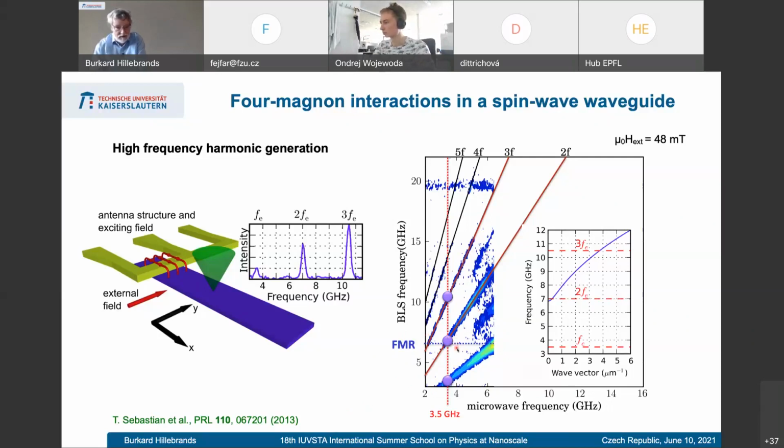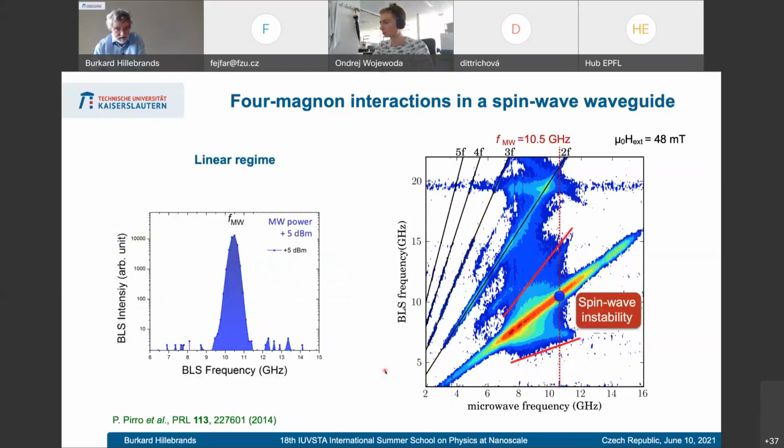And now you have to start to think in the terms you just have learned, and that is the 2 magnon, the 3 magnon scattering processes. The linear regime is very trivial. We now take a Brillouin light scattering spectrum, a signal which we generate with a microwave generator. We get a large peak at exactly the microwave frequency and some noise to the left and to the right.